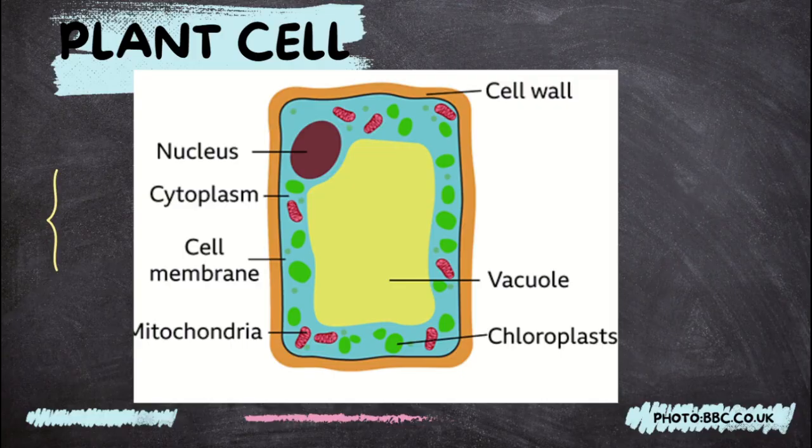So chloroplasts have a green pigment inside called chlorophyll, and that is what is needed in order to absorb energy from sunlight in order to drive photosynthesis, basically, right? So that is why those green structures called chloroplasts are necessary for our plant cells. So that's really the function of it.